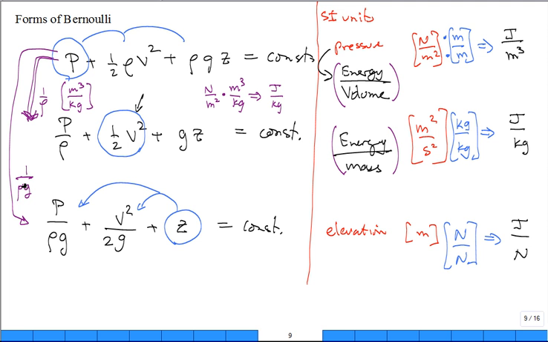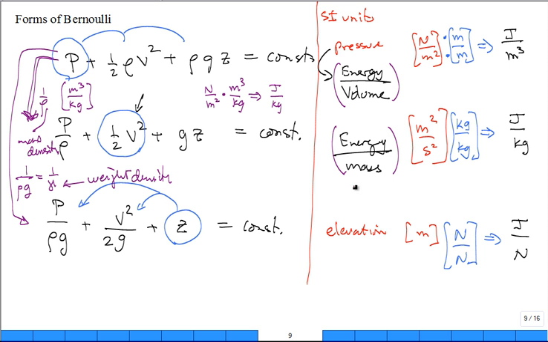All right, so this was 1 over gamma. Gamma, what was the name of gamma? Rho, what was the name of rho? Mass density. What is the name of gamma? Weight density. So its units were weight per unit volume.